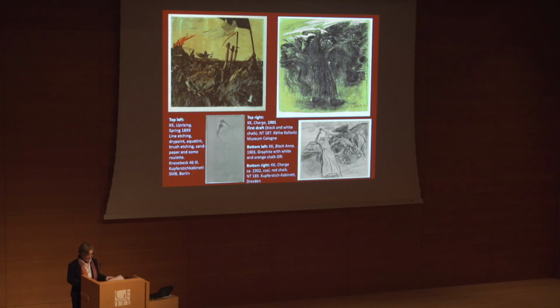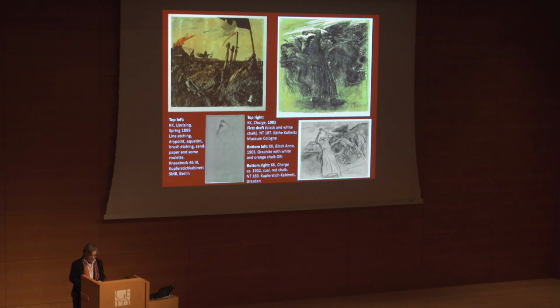For example, in an essay from 1901, which was written by Max Lehrs, an important art historian for the artist. Lehrs was the director of the Dresden Prints and Drawings department, who was in principle well disposed towards Kollwitz.